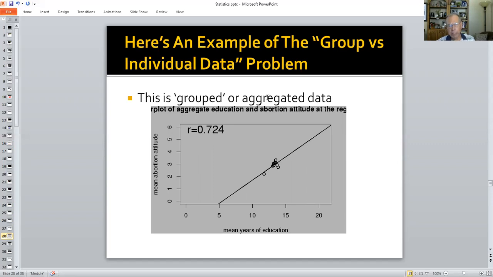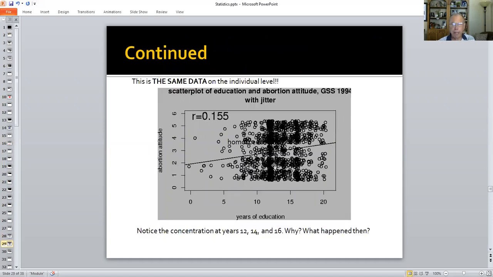And I look at it and say, meaningless, because it's aggregated. Because, look at this, you take that same data, and now it's at the individual level. Okay, now we got every one of these people in there, and we do the same thing. So here we got a couple hundred.